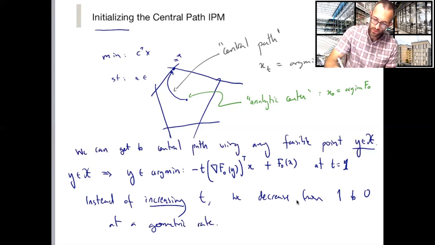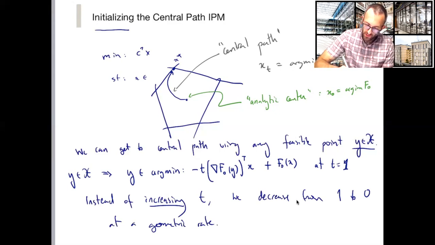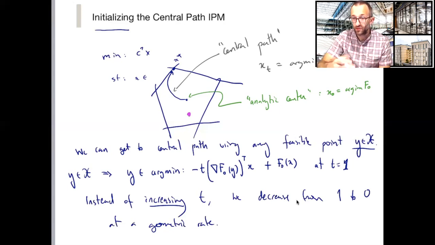So the picture is that we start somewhere else, at any feasible point, and look at the gradient of f0 at that point. Who knows where it points? Maybe it points to the same solution x star, maybe to another one, it doesn't matter to us.